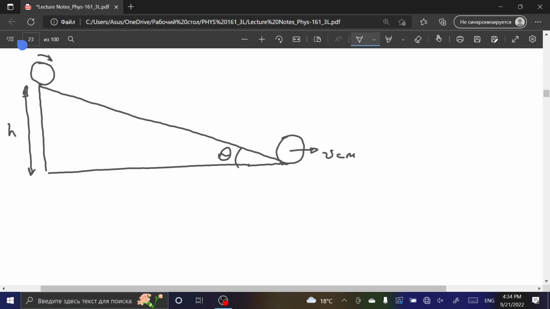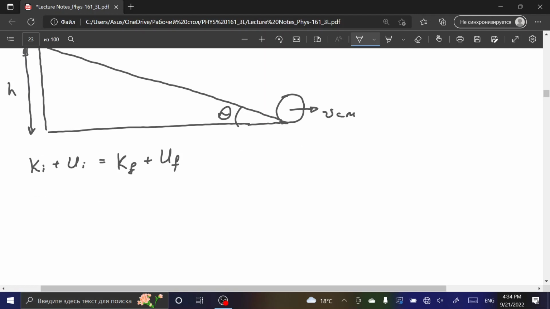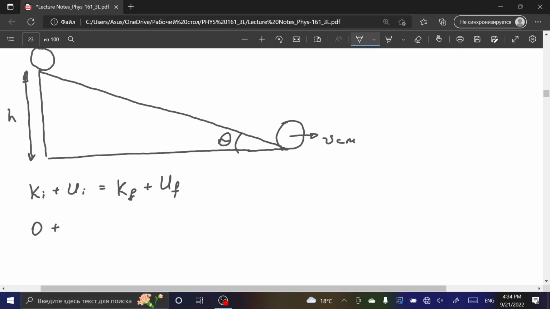So we can write that kinetic energy initial plus potential energy initial will be equal to kinetic energy final plus potential energy final. So what do we have here? Kinetic energy initial is 0 because it doesn't move at the start. Then we have potential energy, which will be mass of this rigid object times g times h.